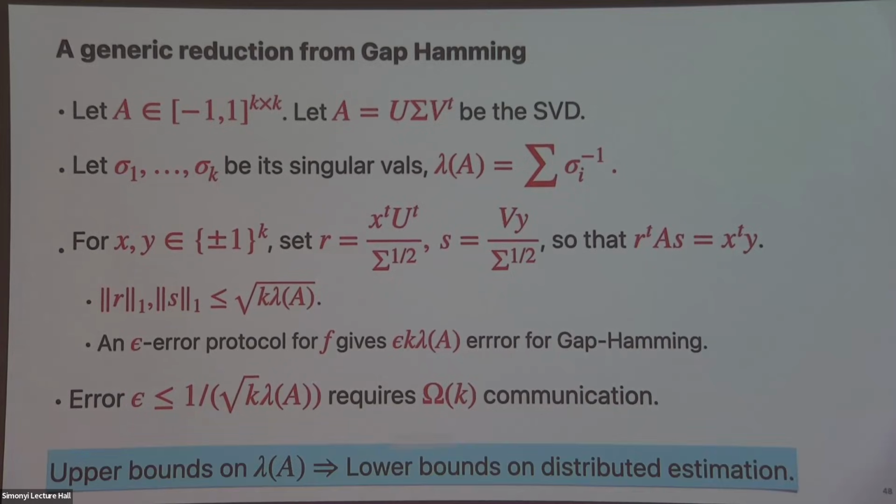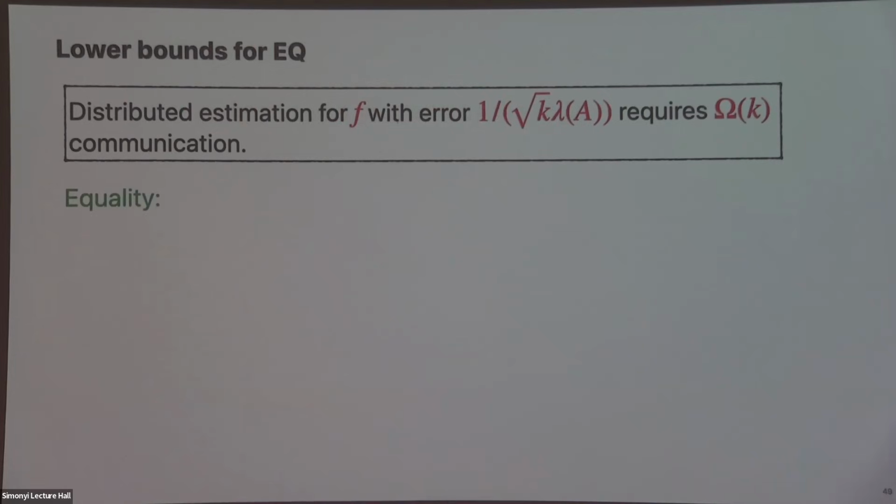So at this point, we've reduced the problem of proving lower bounds on the error dependence of distributed estimation to just proving upper bounds on this sum of the inverse of the singular values. You wanted to know what happens for set disjointness, but of course I'm going to give you equality, because I know the spectrum of the identity matrix.